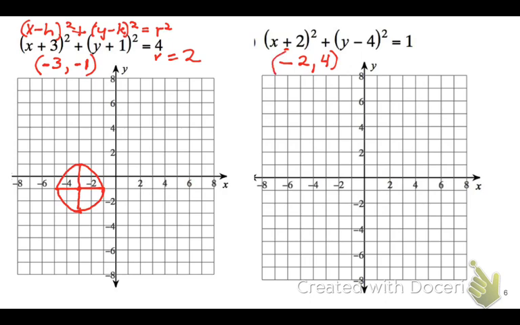And the square root of 1 is 1. So when I graph, I'm going to go over to -2 and up 4 because it's positive. And there's my center. In this case, my radius is only 1.